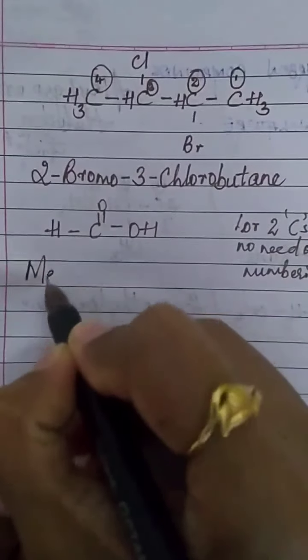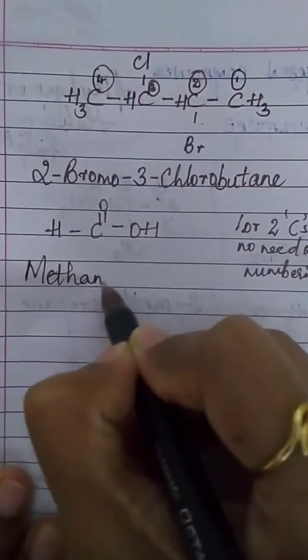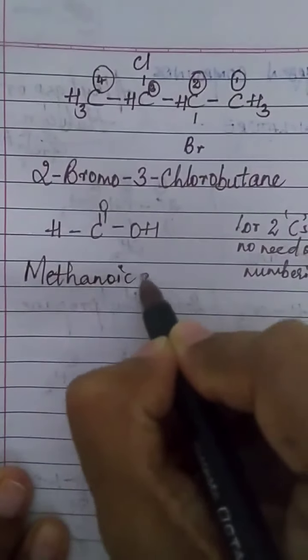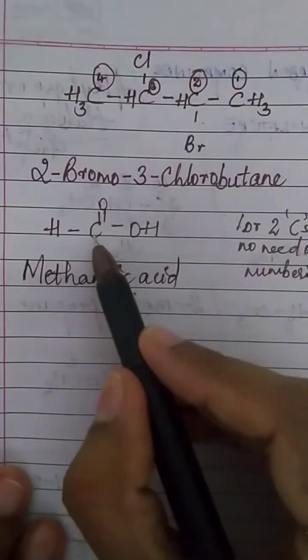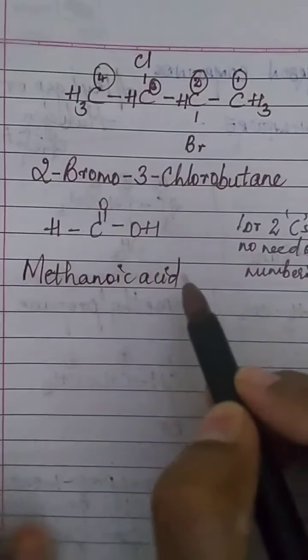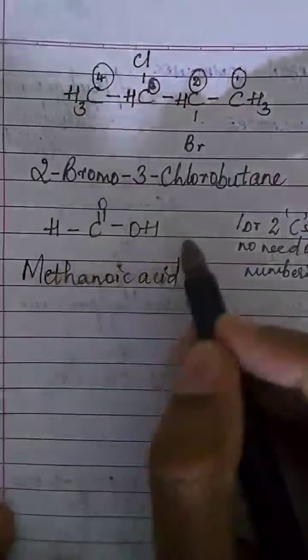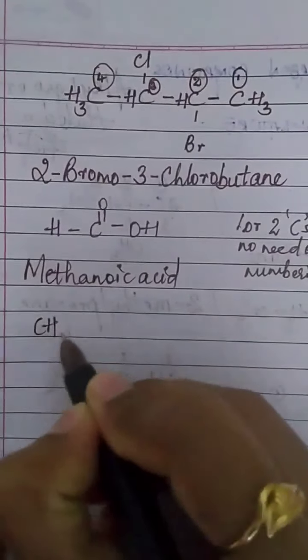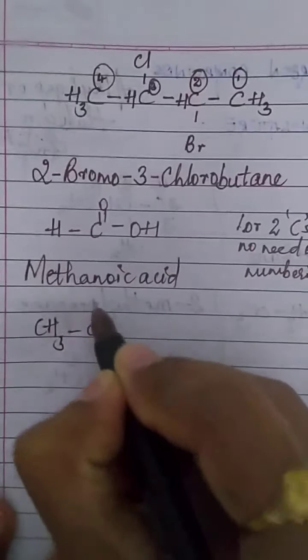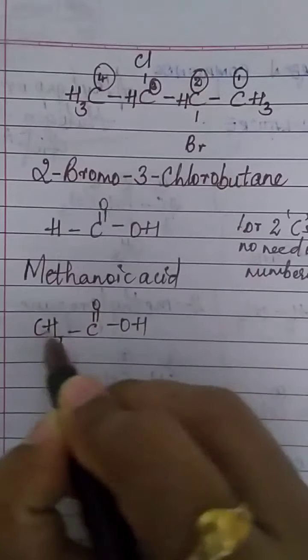So it is methanoic acid. Methanoic acid. This is the name. First carbon has the functional group, that you need not write. Directly you can write methanoic acid. Similarly, CH3, this we have discussed before, C double bond O, OH, methane, ethane.